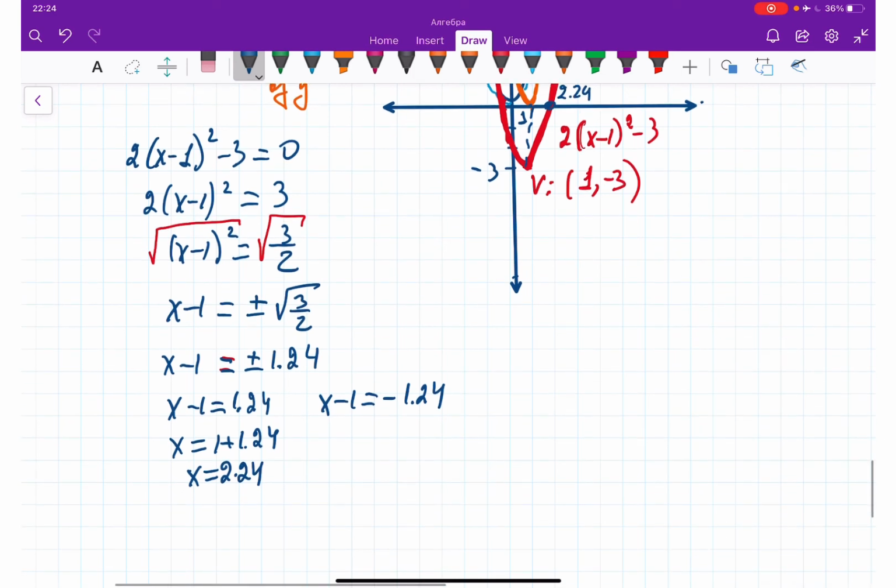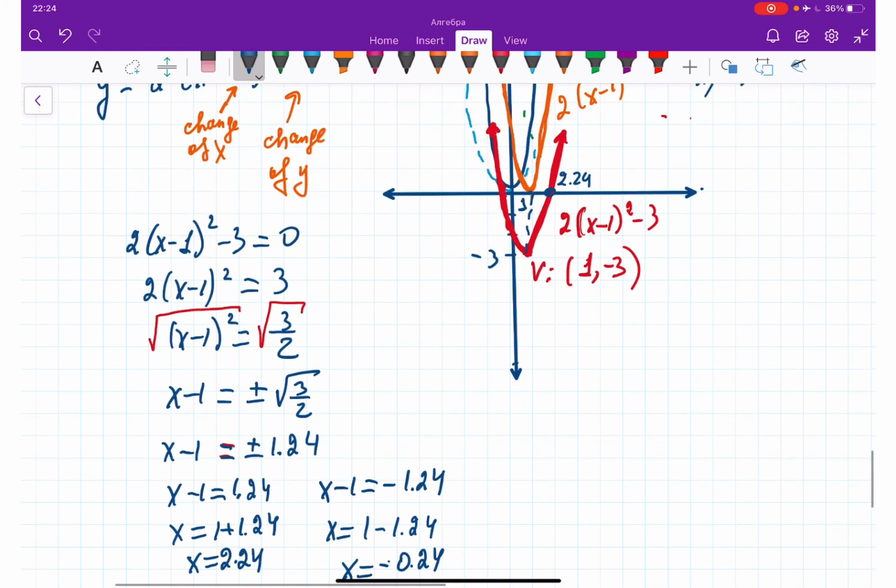And this one, x is equal to 1 minus 1.24, x is equal to negative 0.24, which is going to be this position.